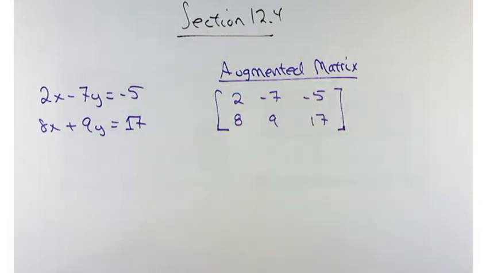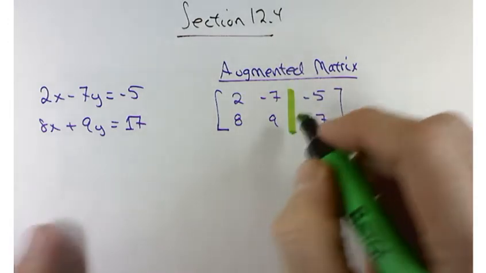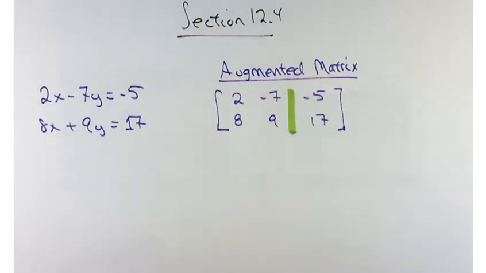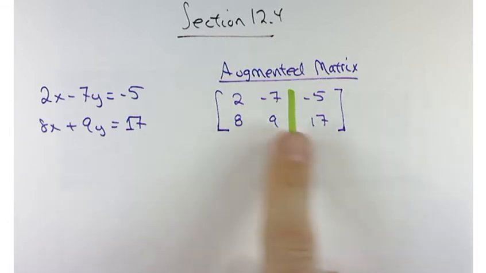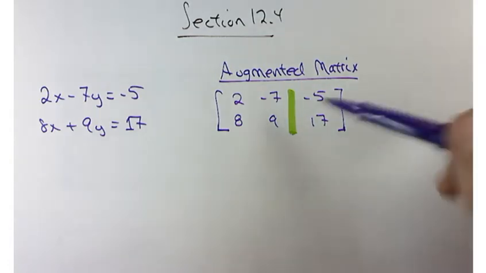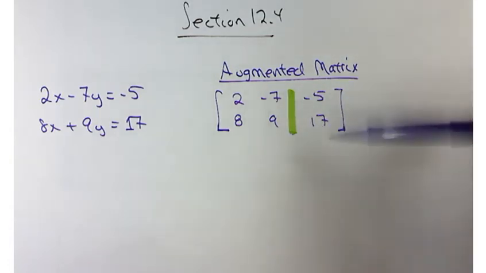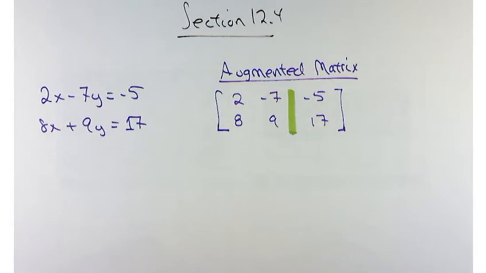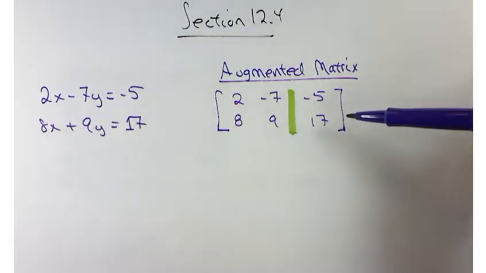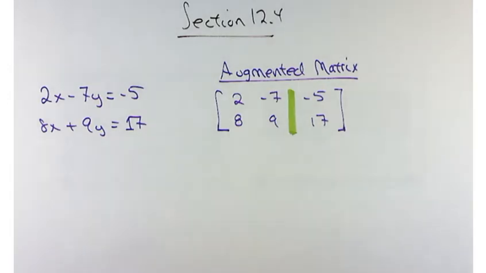Now typically, when people write these things, they're going to put a line between the last two columns because that separates the left-hand side, your coefficients, from the right-hand side, which are just your constants in the system of equations. And that's it. That's your augmented matrix. But this is something you can put into a graphing calculator. So that's where we want to go.